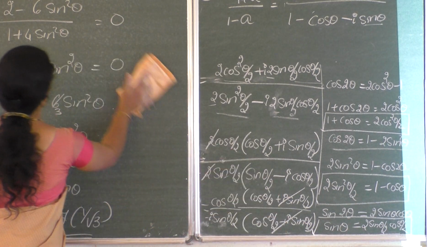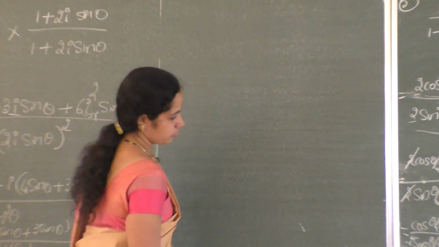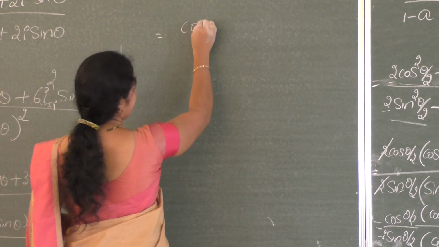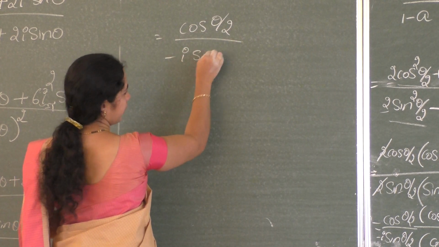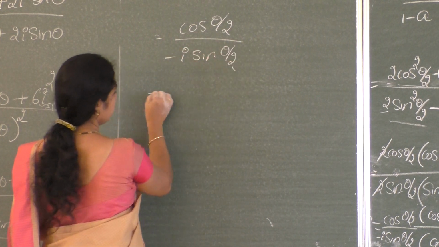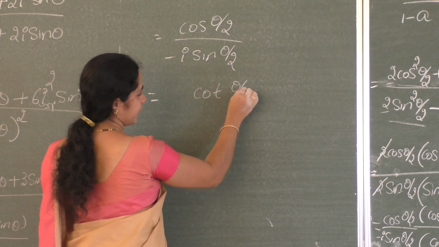So this is equal to cos theta by 2 divided by minus I sin theta by 2, cos by sin, cot theta by 2.